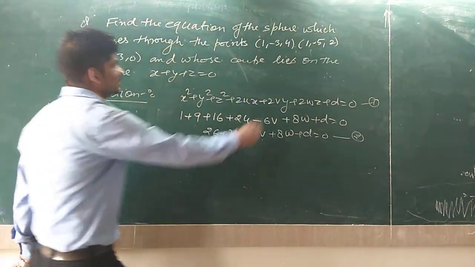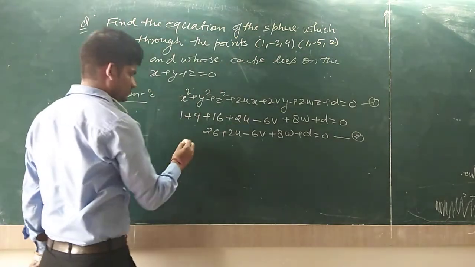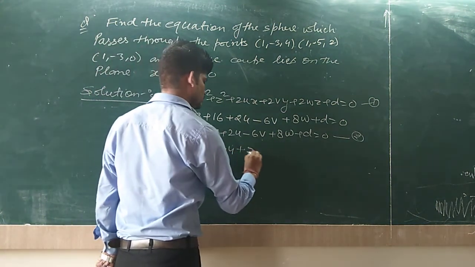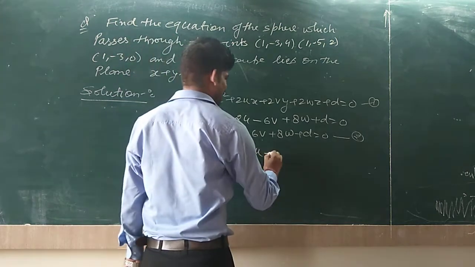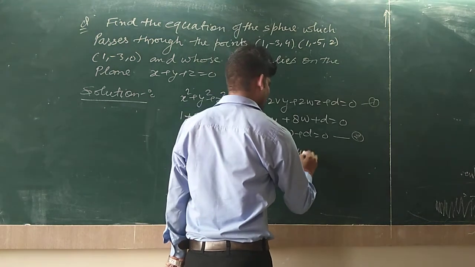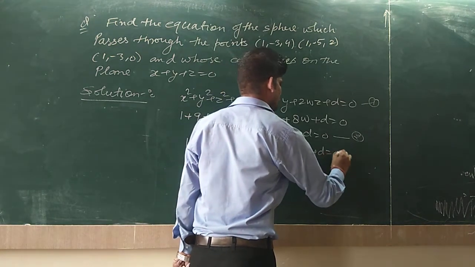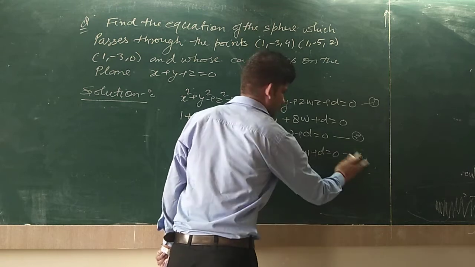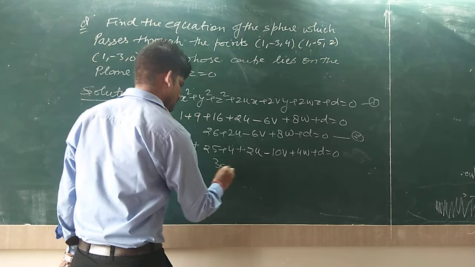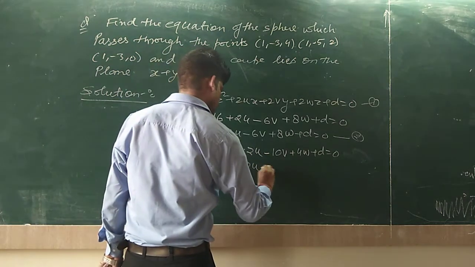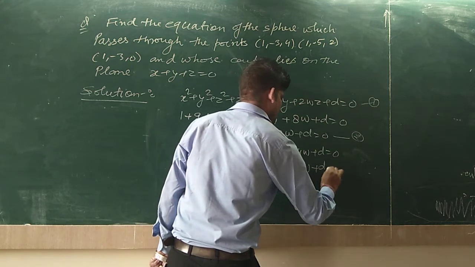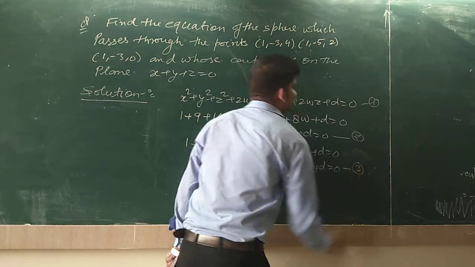Then putting the second point, 1 plus 25 plus 4 plus 2u minus 10v plus 4w plus d equal to 0. Simplifying, 30 plus 2u minus 10v plus 4w plus d equal to 0, equation number 3.